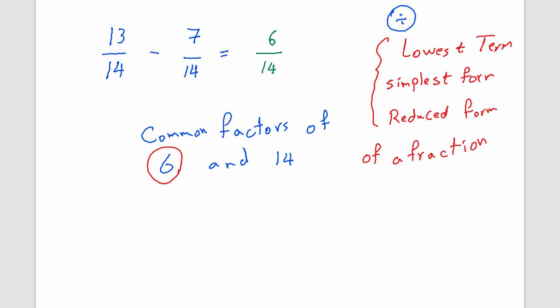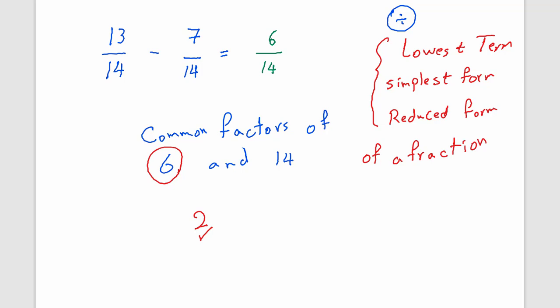So I will try the numbers that I can multiply to get 6. As we know, we can multiply 2 by 3 to get 6. So I will check the 2 and the 3. The 2, yes, we can divide 14 by 2. So 14 divided by 2 equals 7.